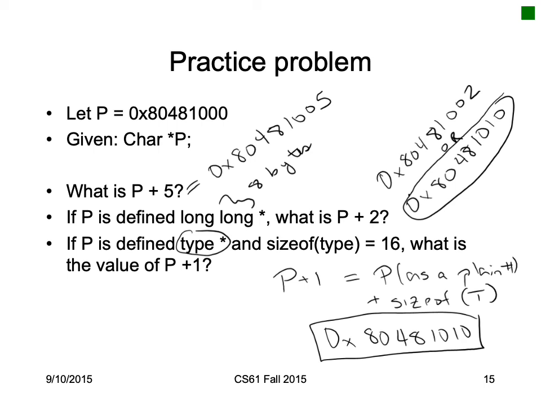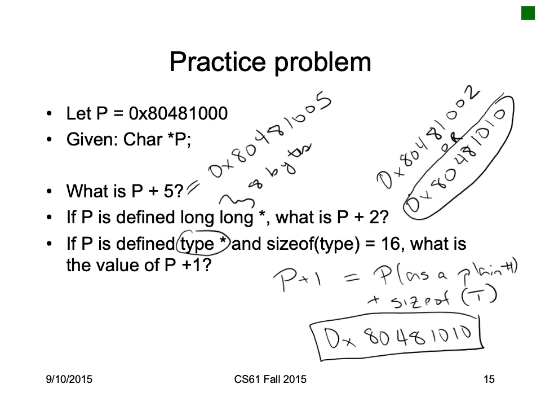Well, what it means is we're going to add 5 times however large the objects are to which p points. Well, p points to a character. Characters are 1 byte. So in this case, we actually get the number we might expect, which is 5 greater than p.